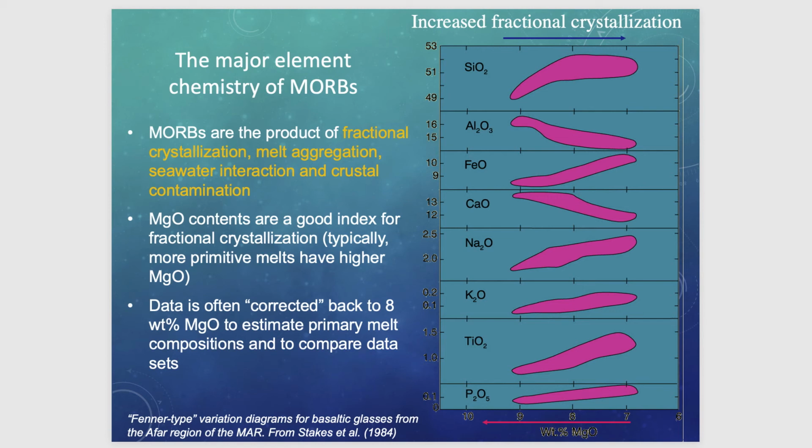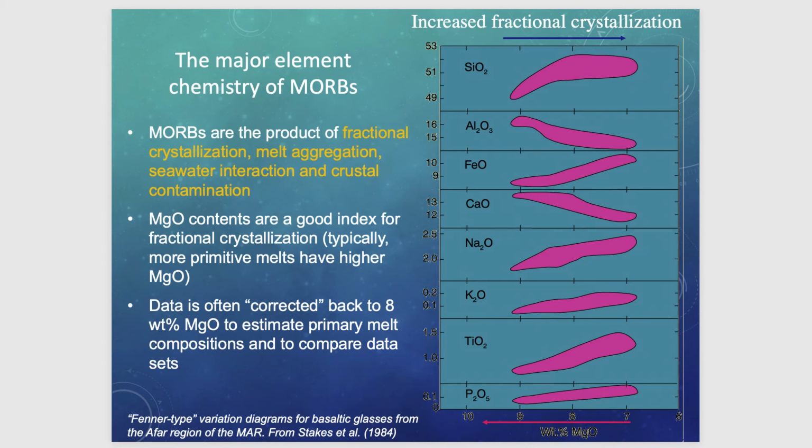So MORBs are the product of fractional crystallization, melt aggregation, and also interaction with seawater and crustal contamination. The seawater interaction is obviously related to this kick in the sodium and also potassium. So we do see the effect of interaction with seawater with the increase of these alkaline and calc-alkaline elements. Magnesium contents are a good index for fractional crystallization, as stated.